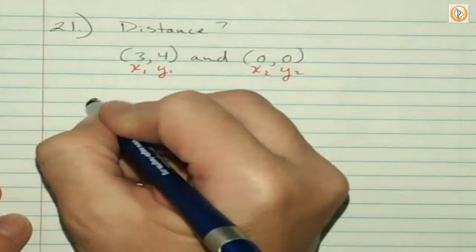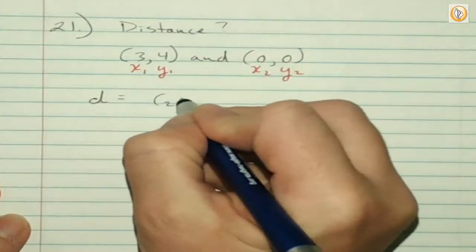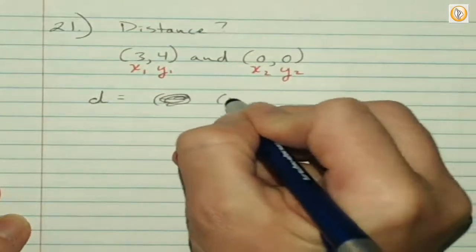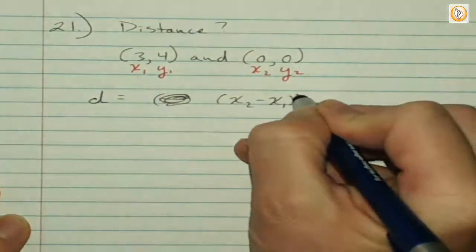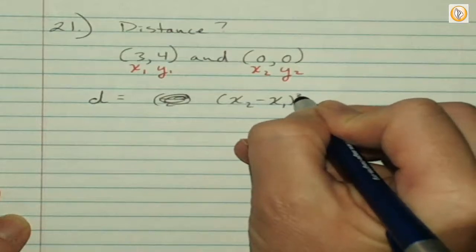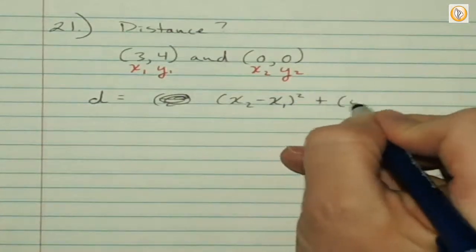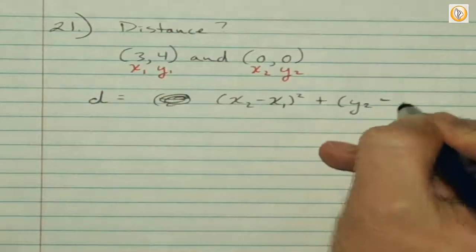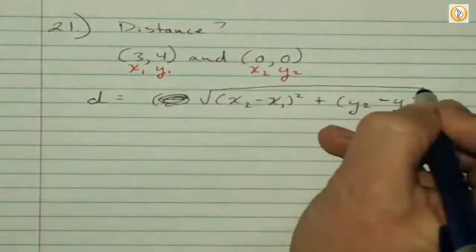What's my formula? The square root of x2 minus x1 squared, plus y2 minus y1 squared.